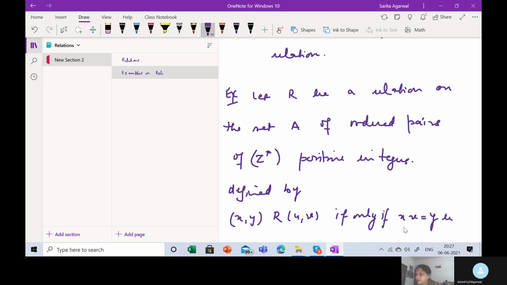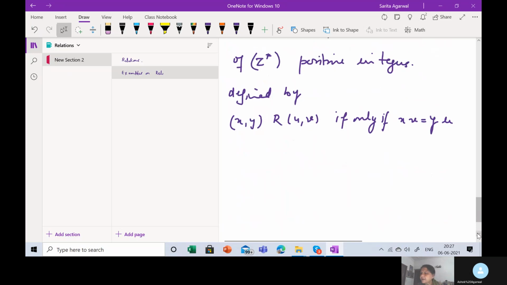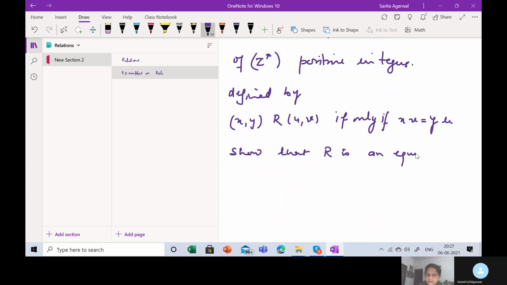This is what is here. Then show that R is an equivalence relation.